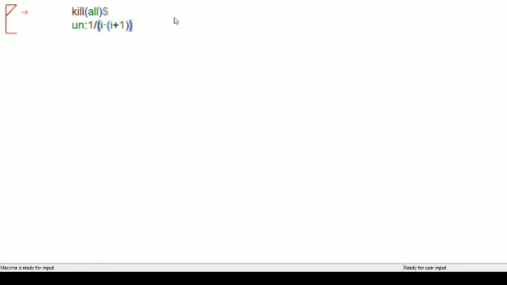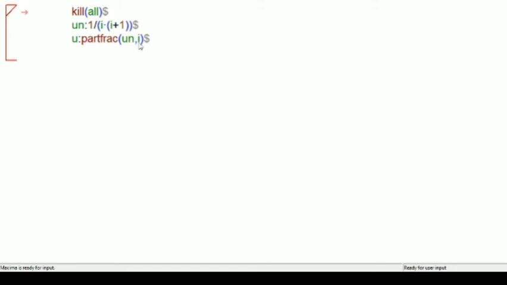Let me put all the terms in the denominator within a brace. Then, as we know, we have to factorize this in the first problem. So using the command partfrac of un with respect to i, we store this answer in u, and I don't want to display this, so I'll use the dollar sign.